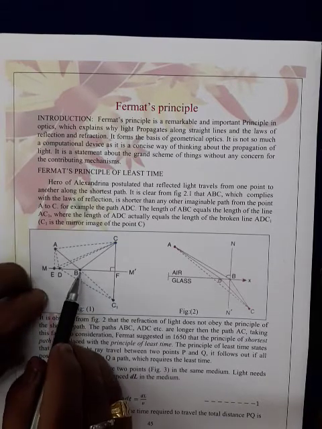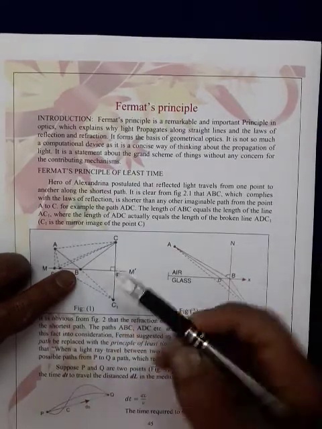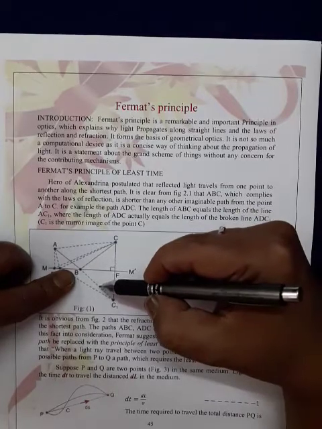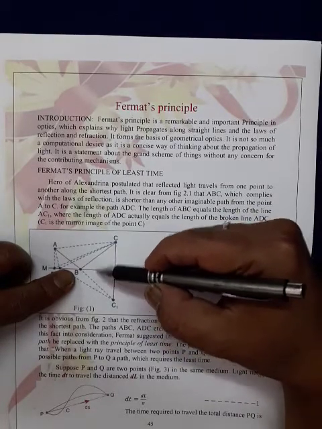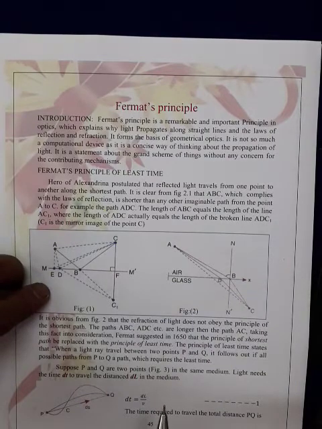Now from this point we can see the length BC is equal to BC1. That means it travels the same distance.